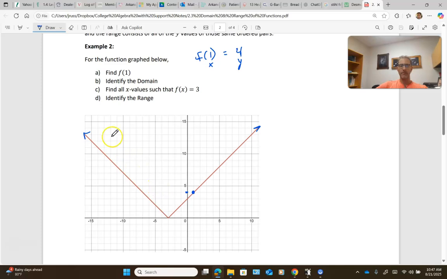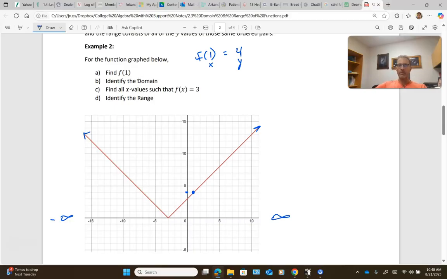And so what happens here, guys, when you have a continuous function that's going off in both directions, toward negative infinity on the x-axis and also positive infinity, then the domain is going to be the set of all real numbers.